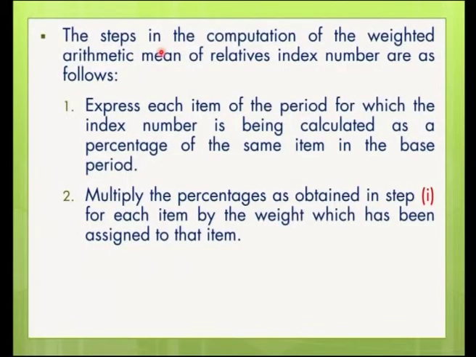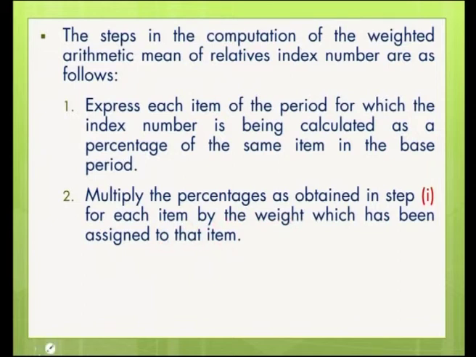So, the steps in the computation of weighted arithmetic mean of relatives index numbers are as follows. Express each item of the period for which the index number is being calculated as the percentage of the same item in the base period. So, it has to be represented as percentage. Then multiply the percentage as obtained in step 1 for each item by the weight which has been assigned to that item.